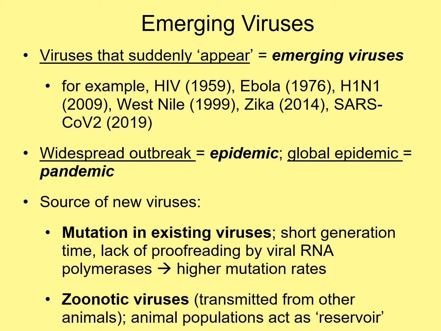So the animal populations can act as a reservoir. This zoonotic behavior is not unique to viruses. We see it in parasites. We see it in some other organisms where they will jump from host to host. It's not super common, but it does happen. So it's a very possible way of getting new viral infections.